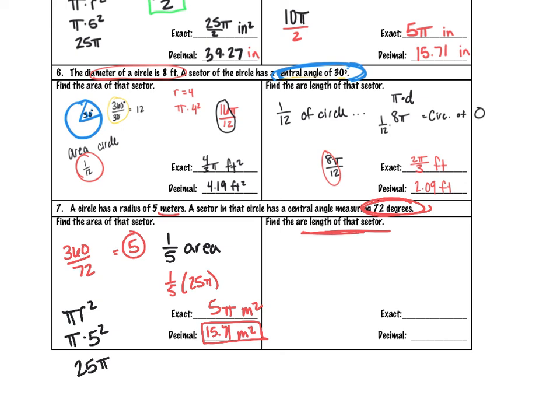I want to find the arc length of that sector. Arc length relates to circumference. And that means I'm going to look at pi times diameter, or 2 pi r. I'm going to take 2 times pi times 5. 2 times 5 is 10. 10 pi is the circumference of the entire circle.